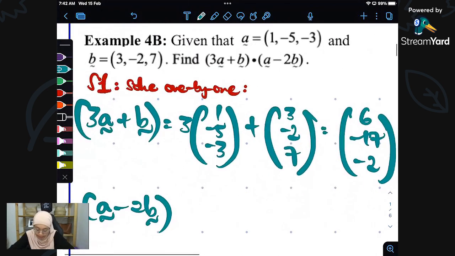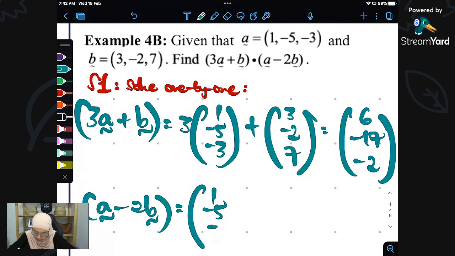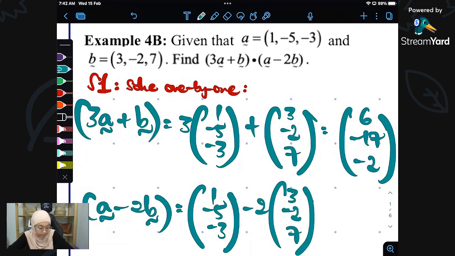The next one is the A vector minus 2 times the B vector. So the A vector is 1, negative 5, negative 3. You must write this down. You cannot just give the answer straight away. So 2 times the B vector, which is 3, negative 2, 7.